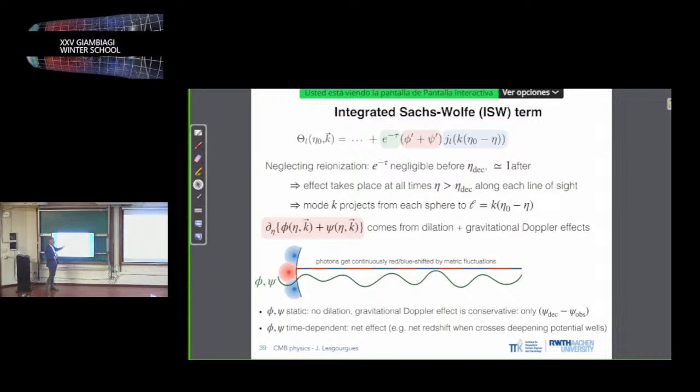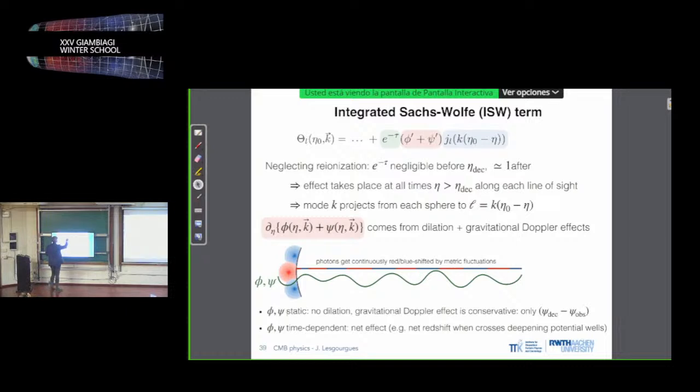If we compute the optical depth after recombination, tau is small. The cosmic fog is not thick at all, and so in this case it is almost a factor 1. So this factor is telling us that this effect is 0 before decoupling, but essentially 1 after decoupling.